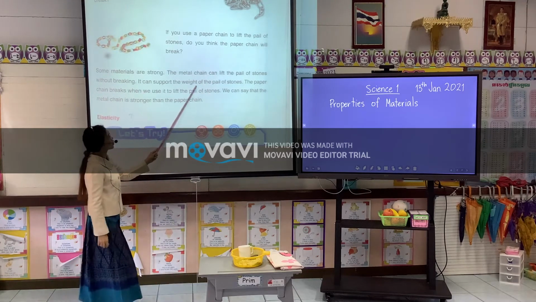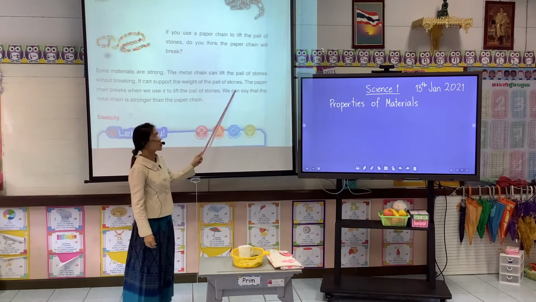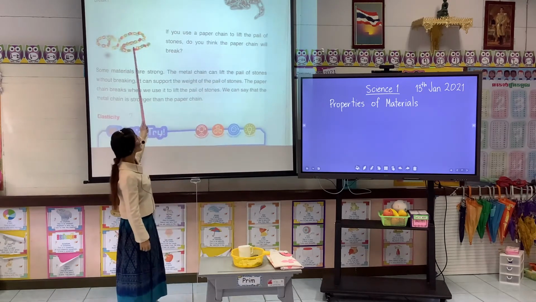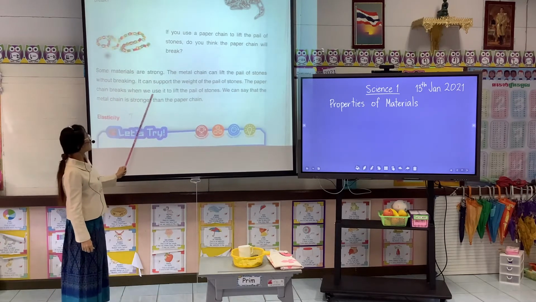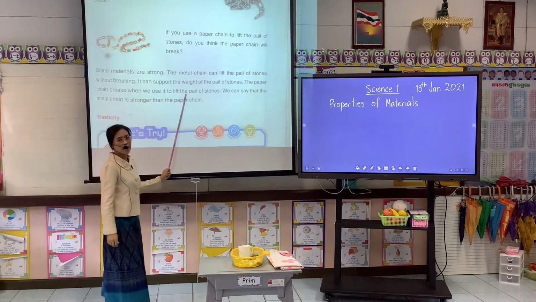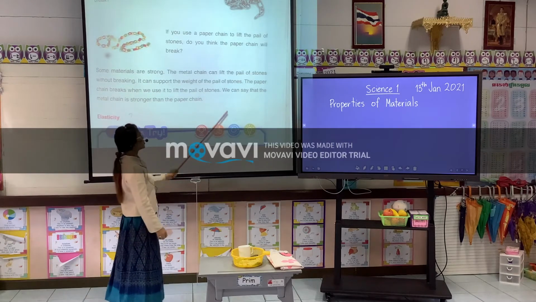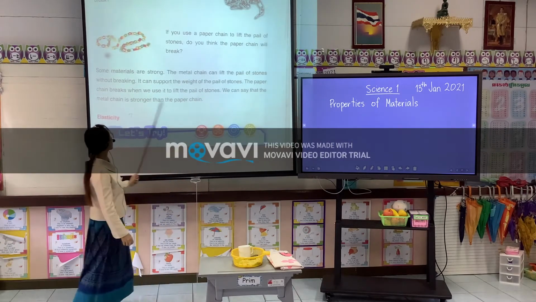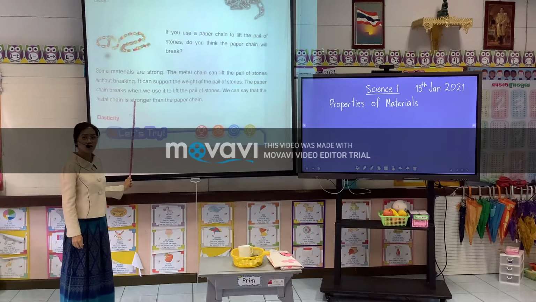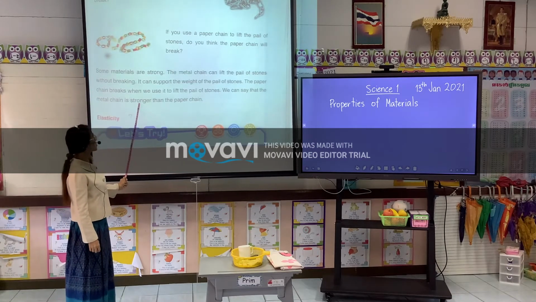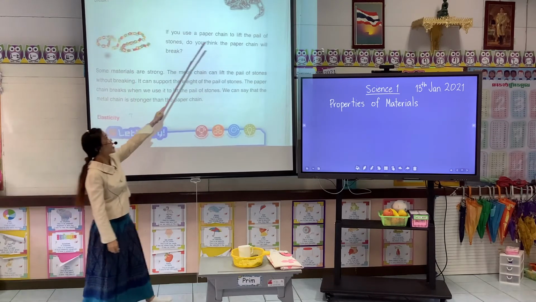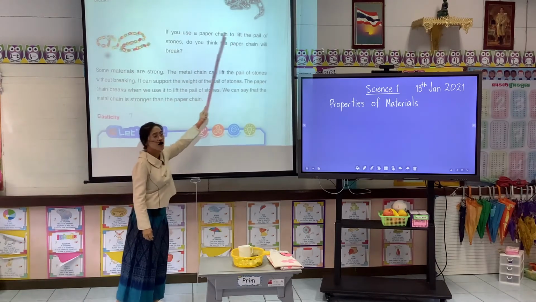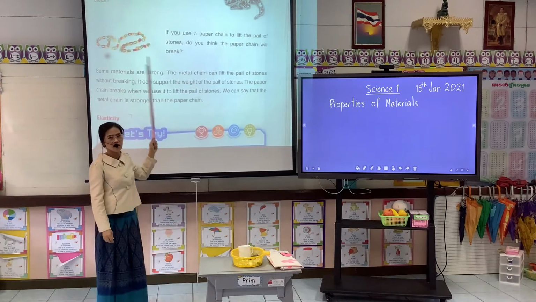It can support the weight of the pail of stones, while this paper chain breaks when we use it to lift the pail of stones. So we can say that the metal chain is stronger than the paper chain.